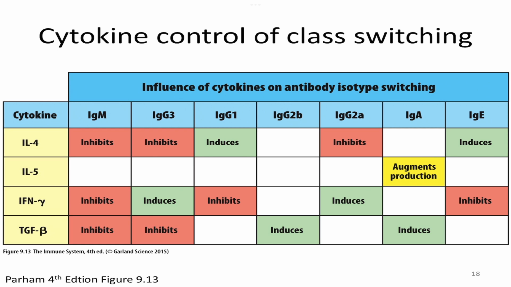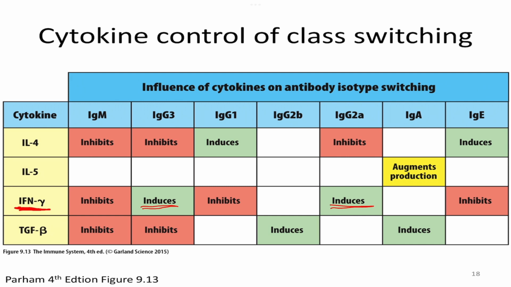So if we make interferon gamma, remember that interferon gamma comes from Th1 cells, that is going to help make B cells class switch to things like IgG3 and IgG2A. Those are really good at helping deal with particular types of pathogen responses, where we're going to do things like inhibit IgE production, inhibit IgM, inhibit IgG1.